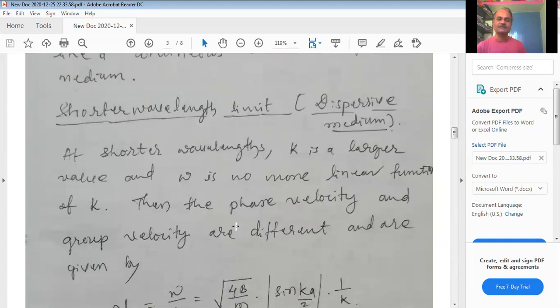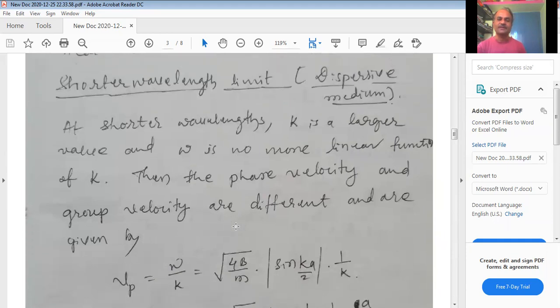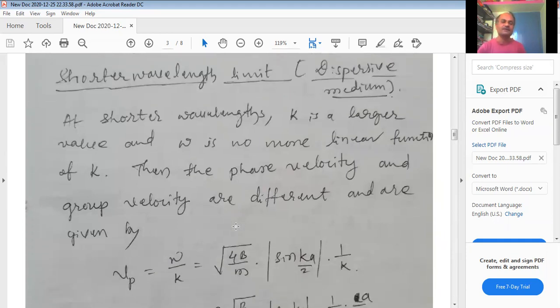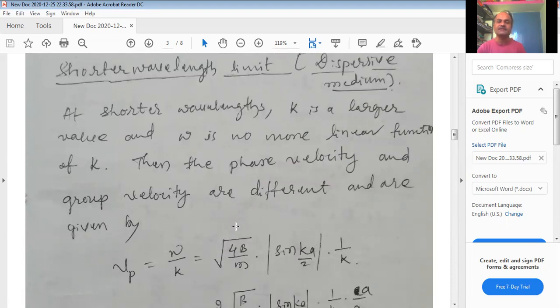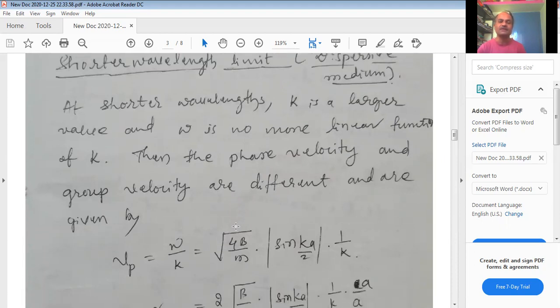Now we'll see the case of the shorter wavelength limit. At shorter wavelengths, k is a larger value and omega is no more a linear function of k, and that half ka quantity is not small now, it is a larger quantity.